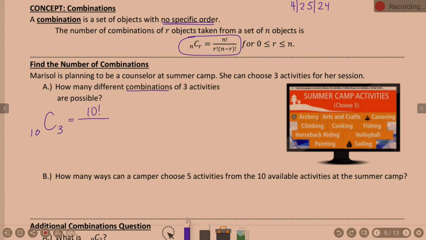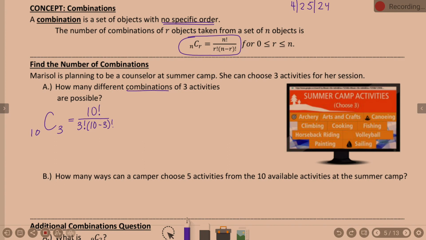And keep in mind, just like yesterday, the first number is always larger than or equal to the second number, never smaller. Divided by, on bottom now, this is the new part, r factorial, which is the second number, 3 factorial. And then also n minus r, so 10 minus 3.